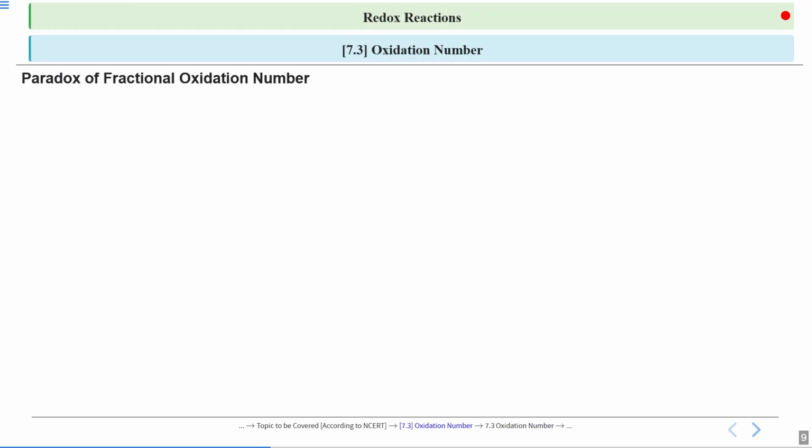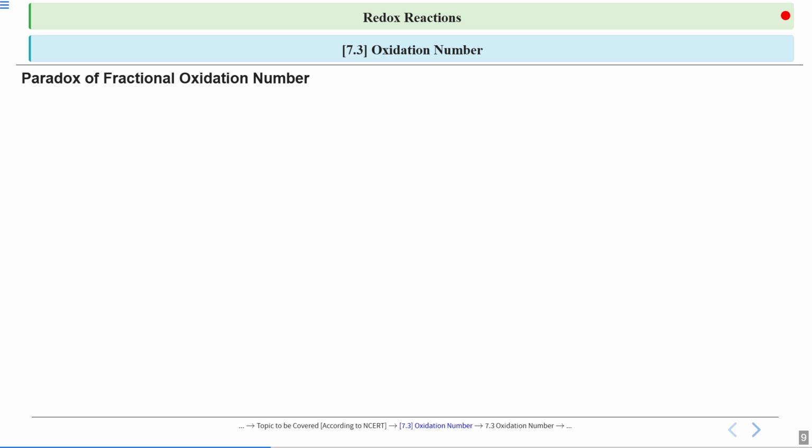So now, the paradox of fractional oxidation number. This is very important. We have learnt rules to calculate the oxidation number. Here arises the paradox of fractional oxidation number.